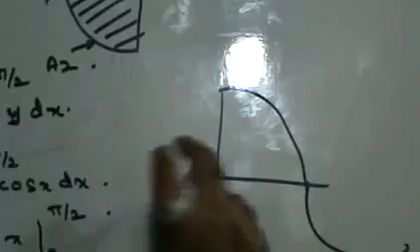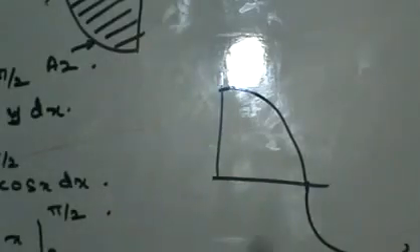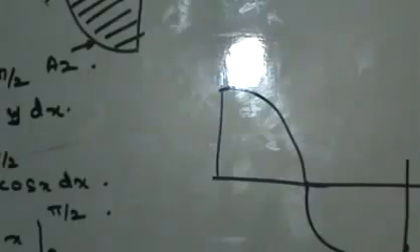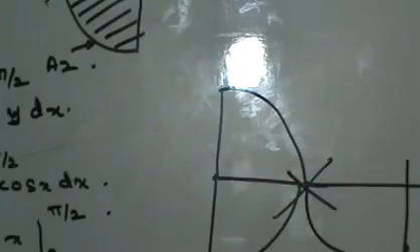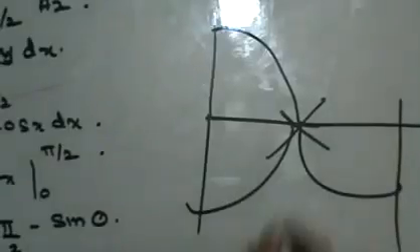If it was from the same point, it would be a semicircle, but I'm finding the area from another point, so how will it be a semicircle? For it to be a semicircle, it should have started from here. I'm cutting the circle and taking it in a different plane. If I cut this and twist this, it won't be a semicircle. Next, let's move on to the next one, guys.